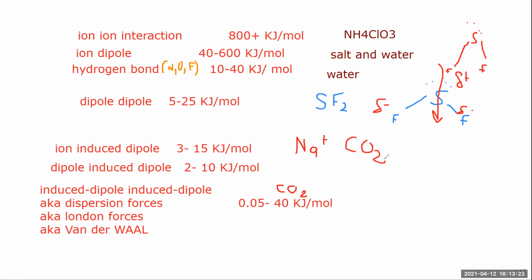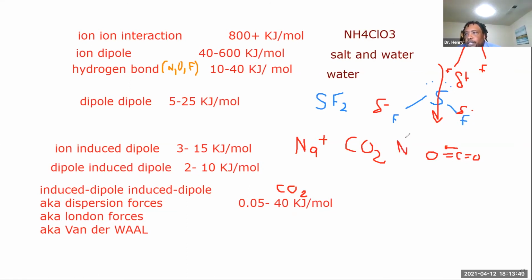So that wouldn't work with something like carbon dioxide with a negatively charged fluoride ion, because it wouldn't attract the electrons. What's going to happen in this case is that this has that plus charge, so the oxygens are going to be induced. You're inducing the electrons to move towards that oxygen, because that sodium is a plus charge.